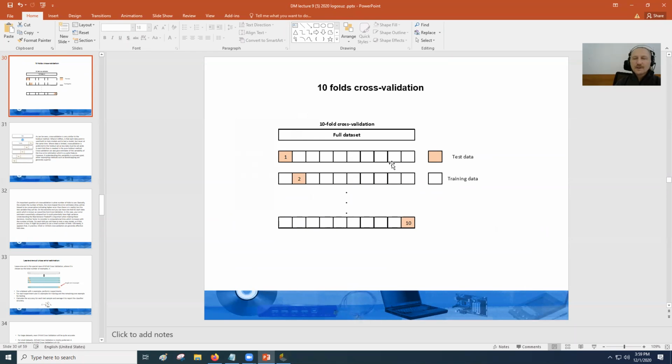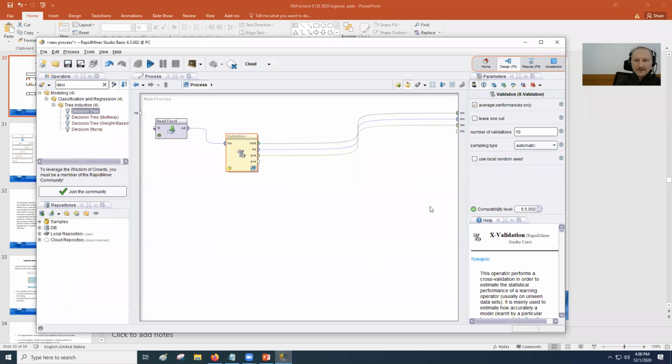In the second round, this validation will repeat, and again the remaining 9 parts will be used for training and 1 part for testing. It will be done 10 times.